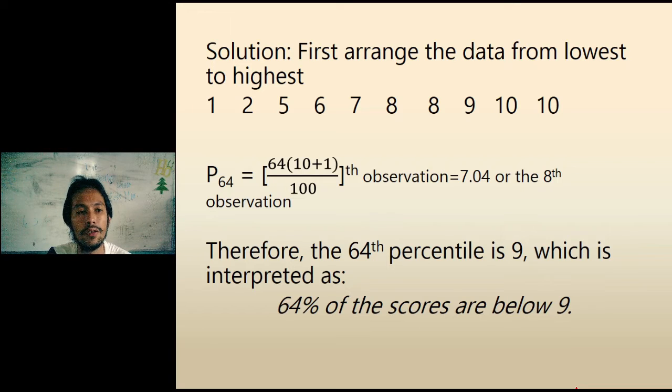So P sub 64 equals 64 times 10 plus 1 over 100, so equals 7.04 or the 8th observation. So therefore, the 64th percentile is 9, which is interpreted as 64% of the scores are below 9.